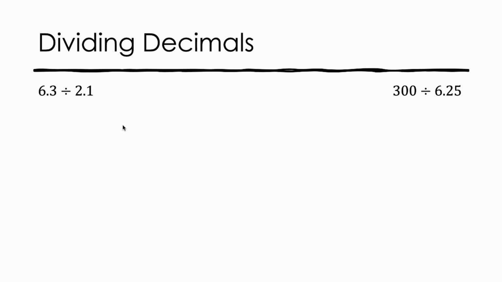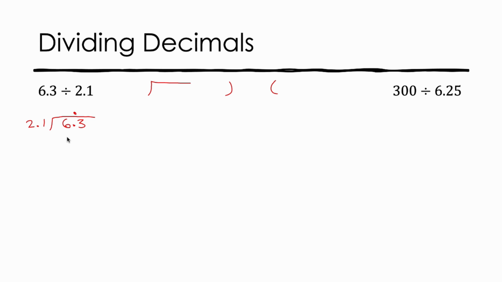And some of you might prefer this one, some of you might prefer this one. I don't care. I'm just going to go with this one because that's the most popular. So let's do that. 6.3 is our dividend, 2.1 is our divisor.